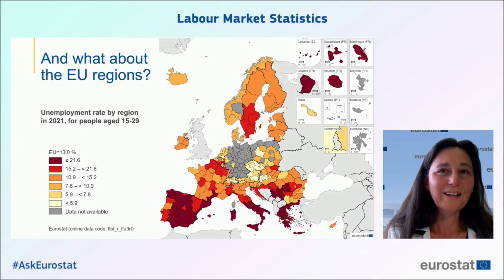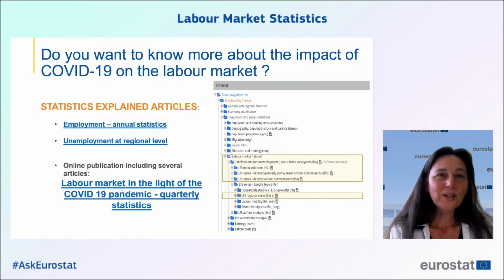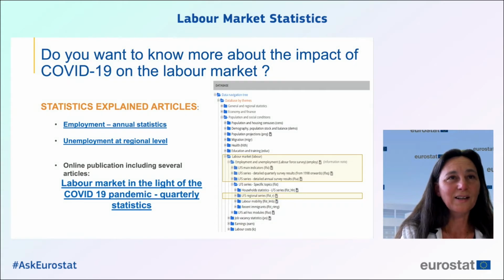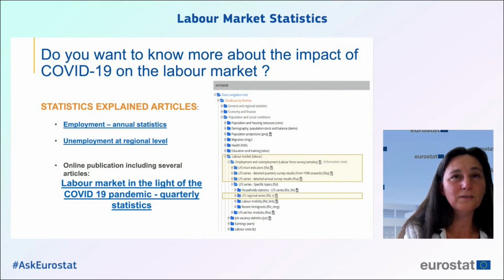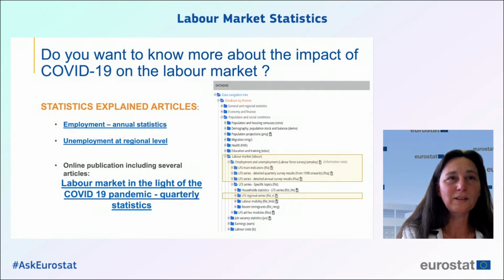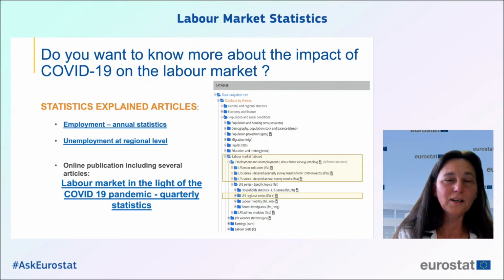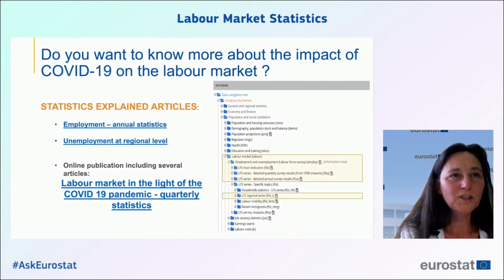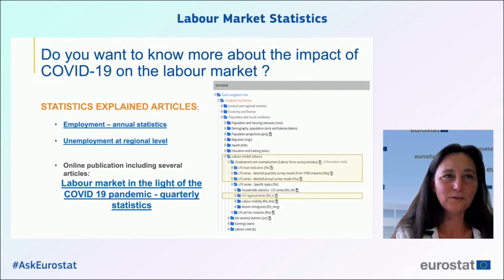And then next slide. So here, if you are interested to know more about all this, I can refer you to a publication in Statistics Explained, one from yesterday, called Employment Annual Statistics, and one of this morning, Unemployment at Regional Level. And we also have an online publication with 6 detailed articles called Labour Market in the Light of the COVID Pandemic, Quarterly Statistics.